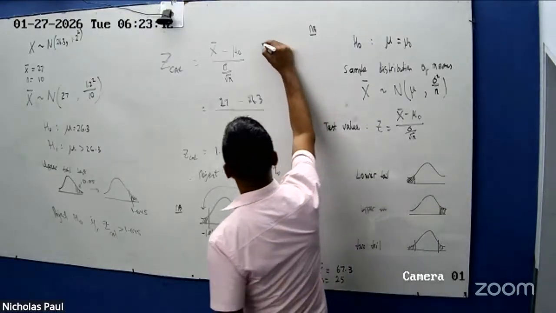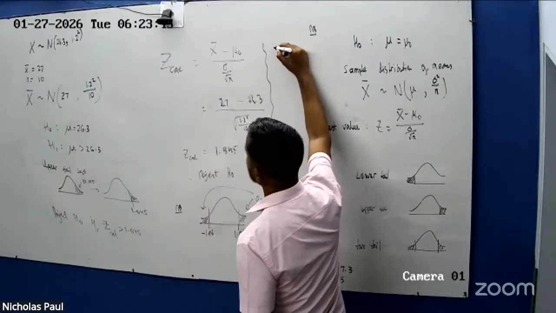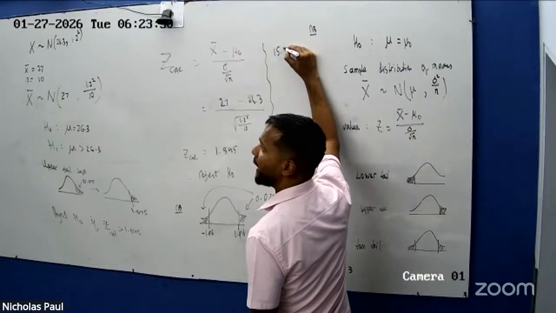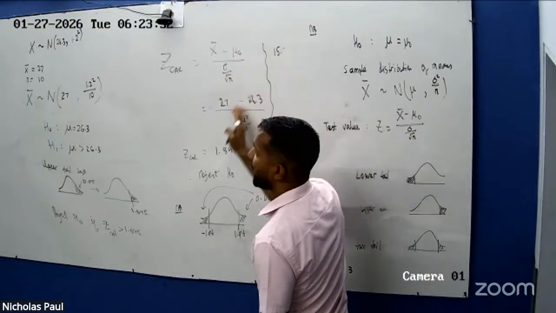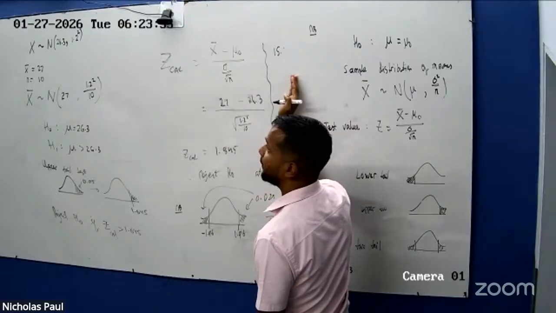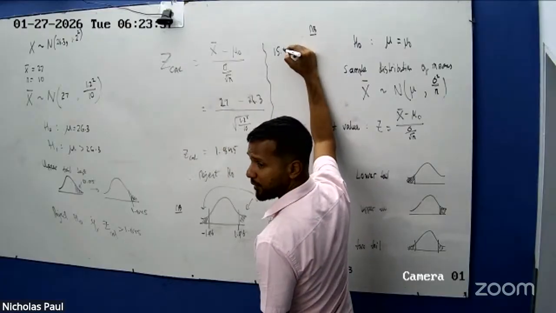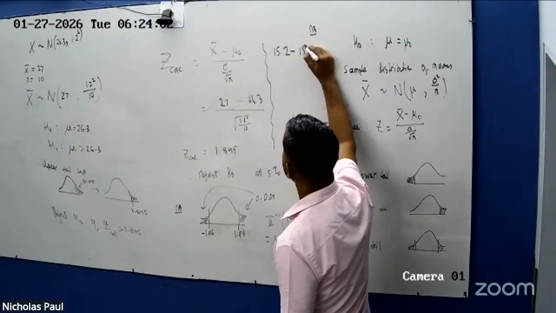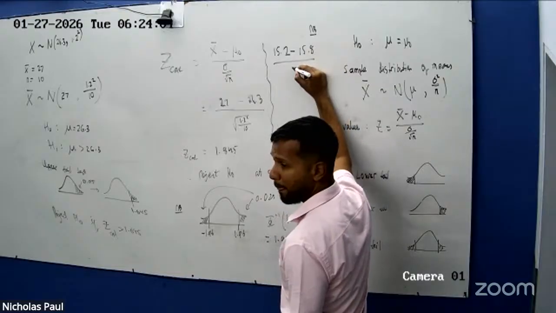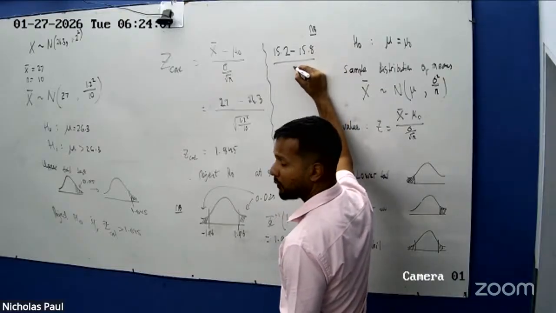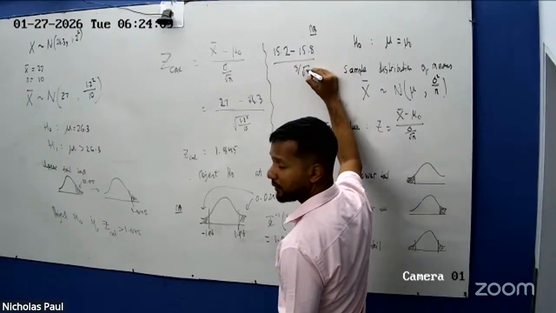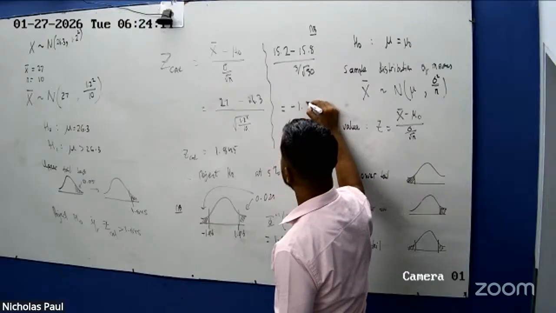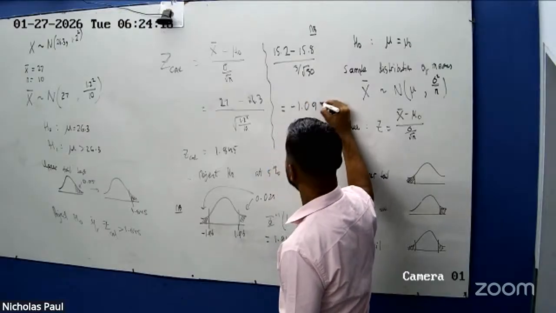Then you come here and do a calculated value. What's X bar? 15 points. Anybody confused online? The one I have here was part B, and this is part A now. It was 15.2 minus the mean, all over the square root, and you get 1.095, so you do not reject.